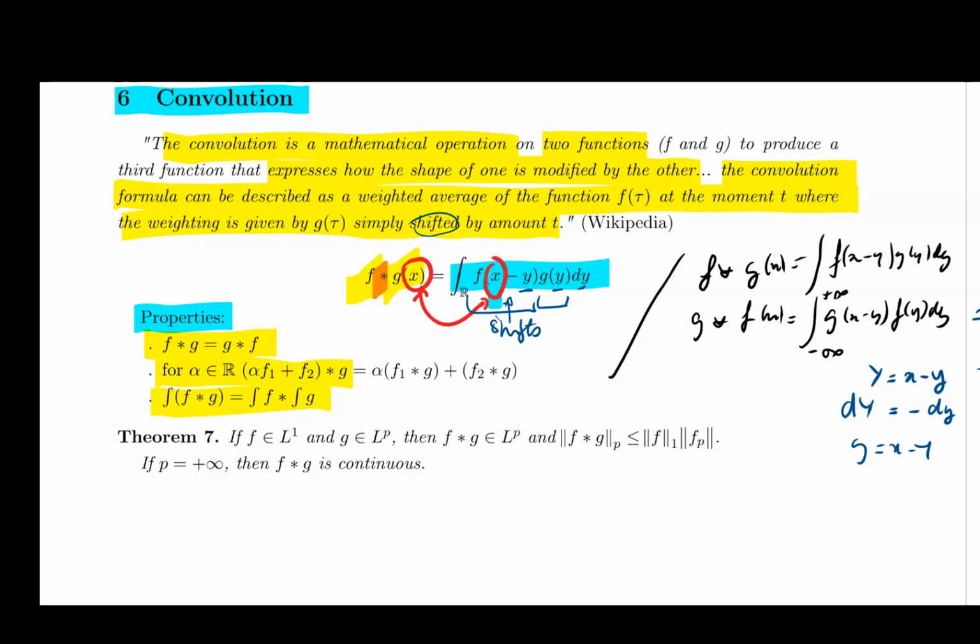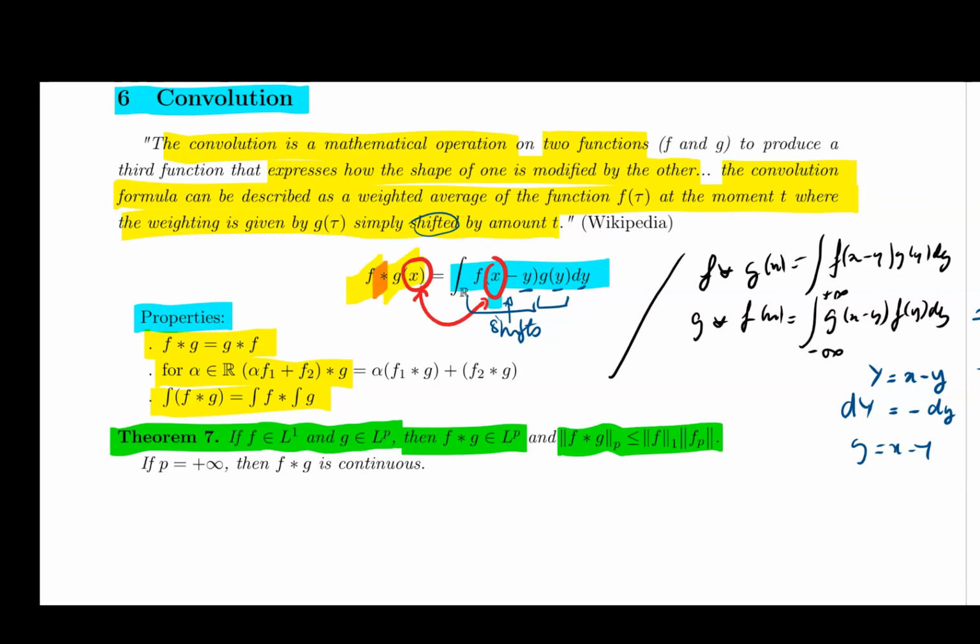What else can we say about convolution? We've got the next theorem, which is quite interesting. What does it tell you? It tells you that if f is in L1 and g is in Lp, then the convolution of f with g belongs to Lp, and the p norm of the convolution of f with g is going to be bounded by the norm 1 of f times the norm p of g.